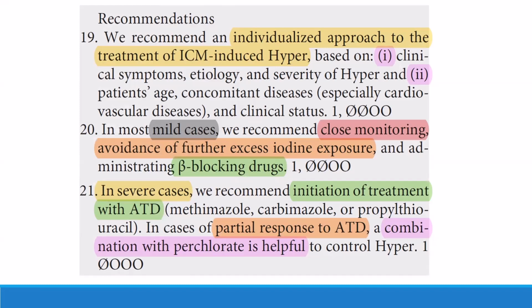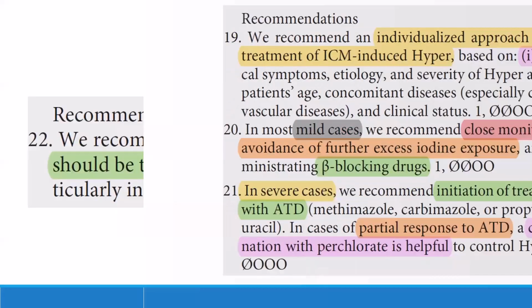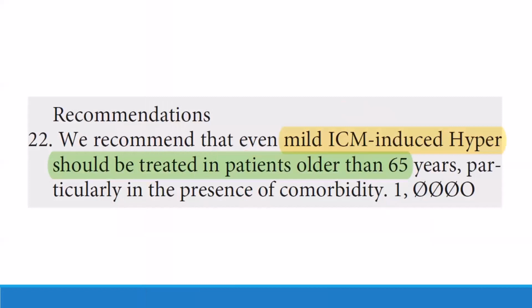In severe cases, we recommend initiation with methimazole, carbimazole, or propylthiouracil. In case of partial response to antithyroid drugs, a combination with perchlorate is helpful. But mild contrast-induced hyperthyroidism in a patient older than 65 years, particularly in the presence of comorbidities, should be treated with carbimazole.